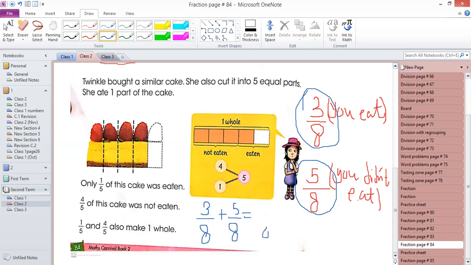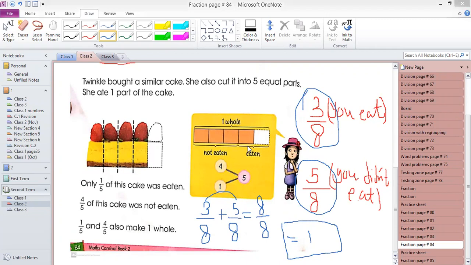The denominator is the same, so the denominator will be 8, and 3 plus 5 is equal to 8. When you have the same number in the numerator and denominator, it is always equal to 1. So 3/8 and 5/8 will always make 1. Is it clear, guys?